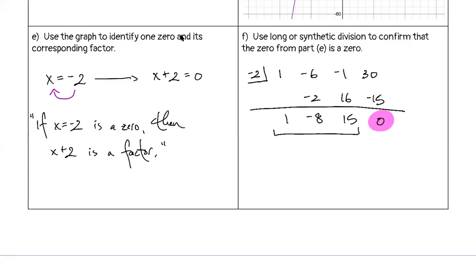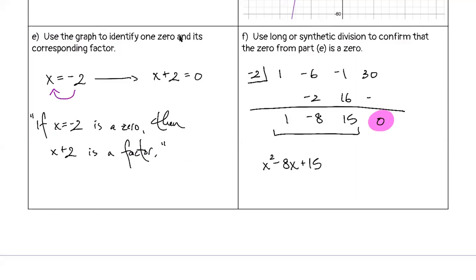And these numbers represented x squared minus 8x plus 15. I think it's positive. Oh, yeah, I see what you mean.